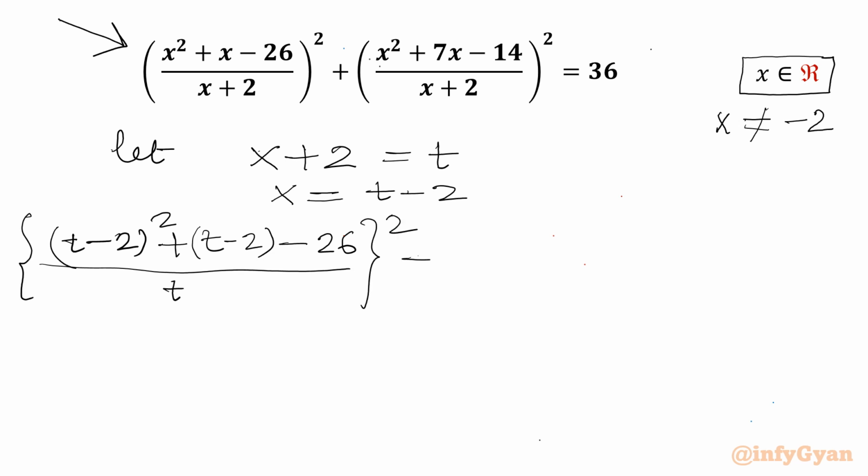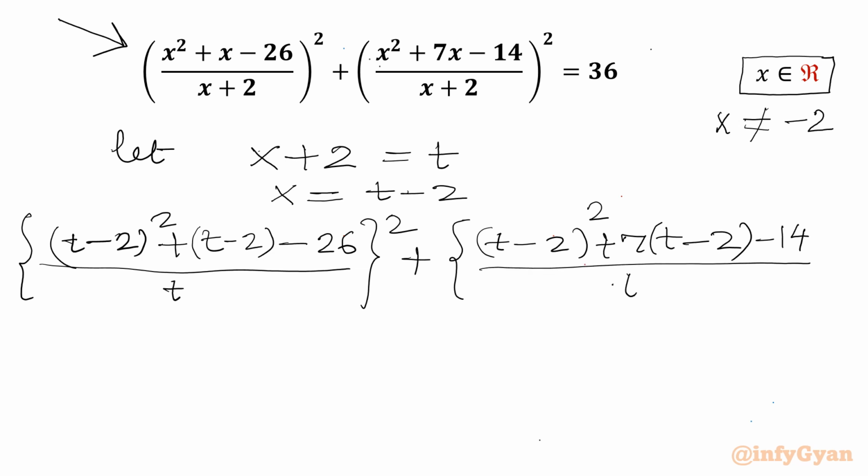plus ((t − 2)² + 7(t − 2) − 14)/t² = 36. Now I will expand.